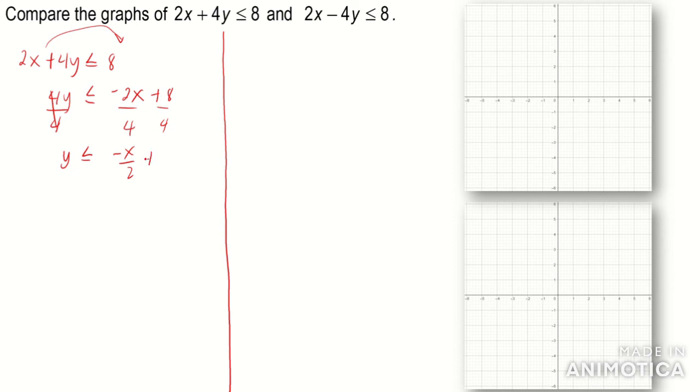Then we have 8 divided by 4 is 2. So, our boundary line equation is y is equal to negative x over 2 plus 2, where our slope is equal to negative 1/2 and our y-intercept is equal to 2.